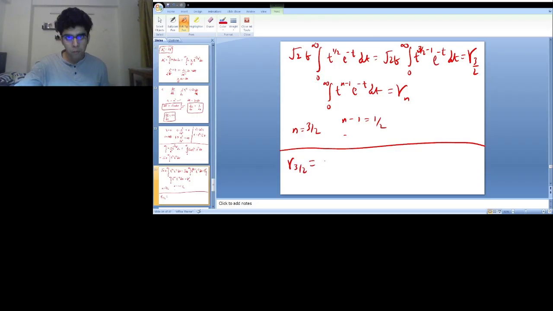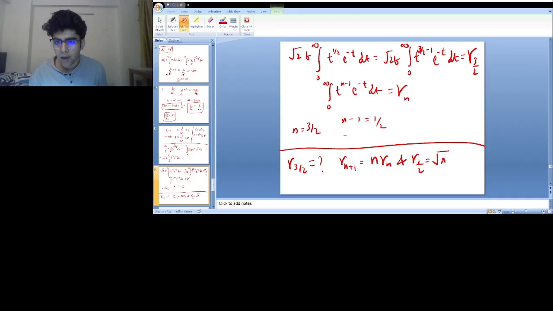So I proved one property. The property that I proved was gamma n plus 1 is equal to n gamma n, right? And I also told you guys to remember one property, which is gamma half is equal to root pi.